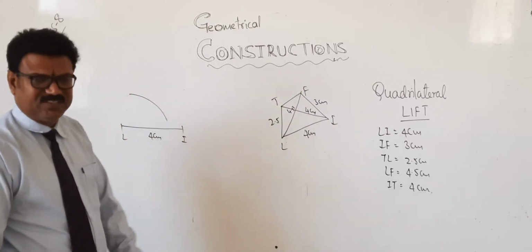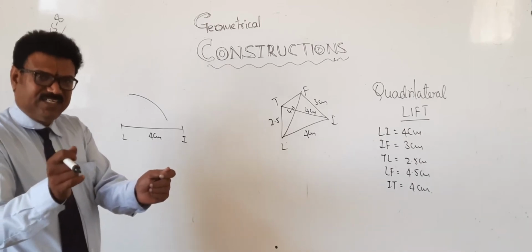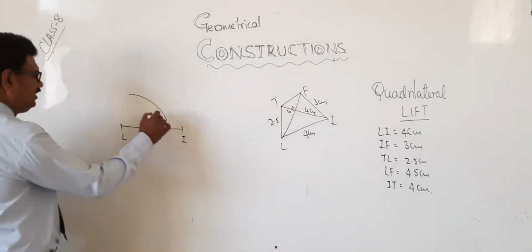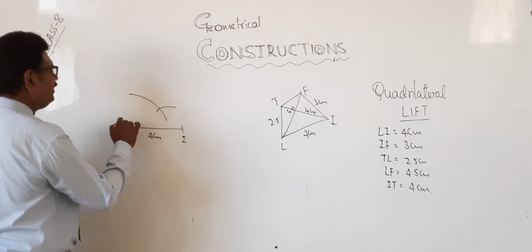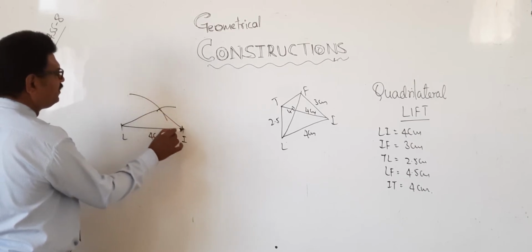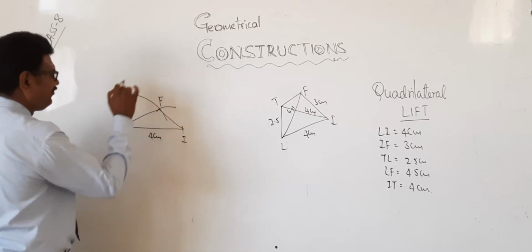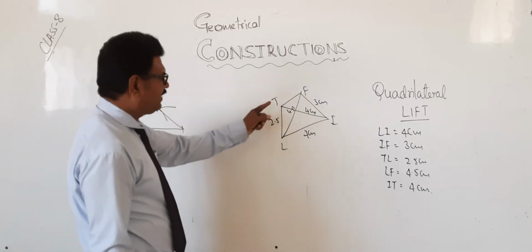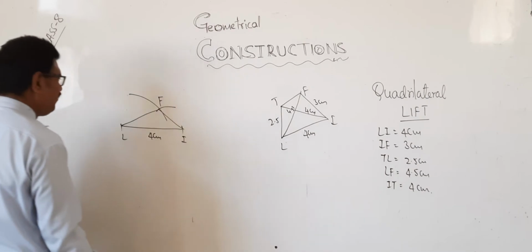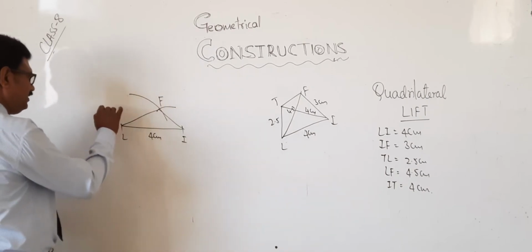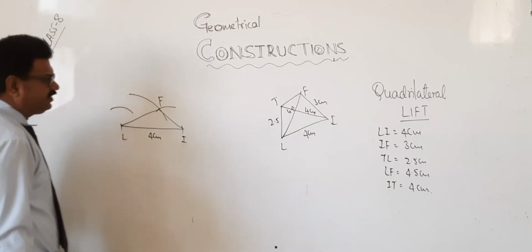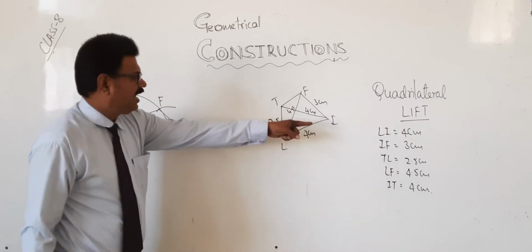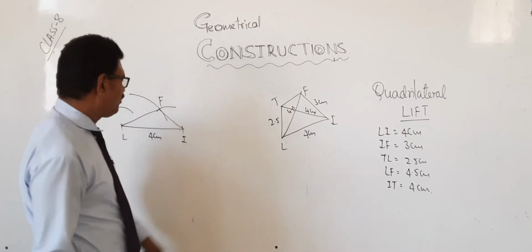Next, IF, how much is there? 3 centimeters. Take the compass again, take 3 centimeters and cut this arc. It will be like this. It is nothing but F. Next, LT, how much is there? 2.5, like this. Next, IT, how much is there? 4.5.